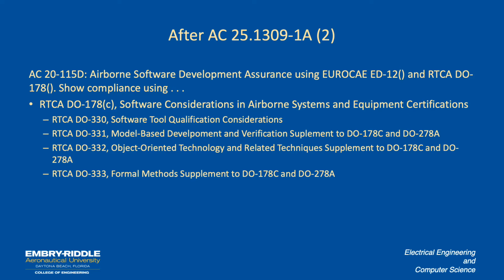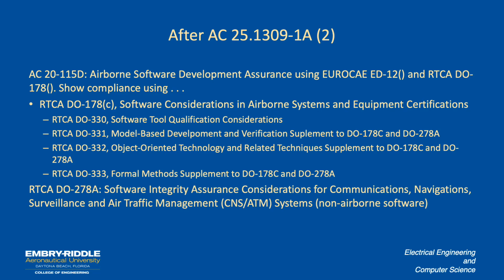And then formal methods, 333 references formal methods. This is a way of demonstrating that your system should be compliant, and that uses a computer. You can use languages like Z, which have formal methods built into them, or you can do abstract analysis after that.